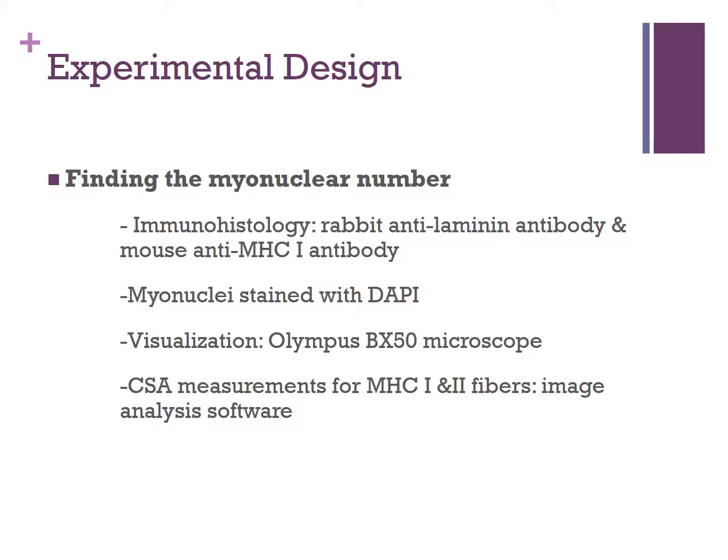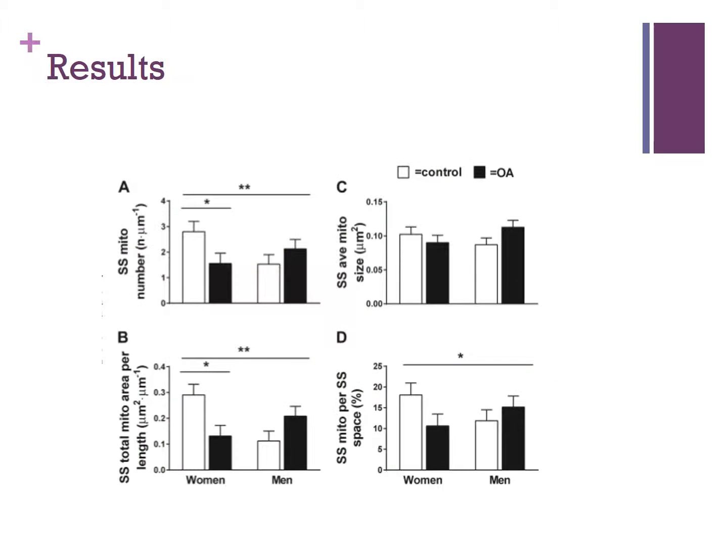So the reasoning behind this was that the rabbit antibody would bind to the laminin in the muscle, the mouse antibody would bind to the MHC1 within the muscle, and the DAPI would stain the nuclei within the muscle cell. In order to see this, an Olympus BX50 microscope was used. Also, image analysis software was used to actually measure the amount of MHC1 in the fibers.